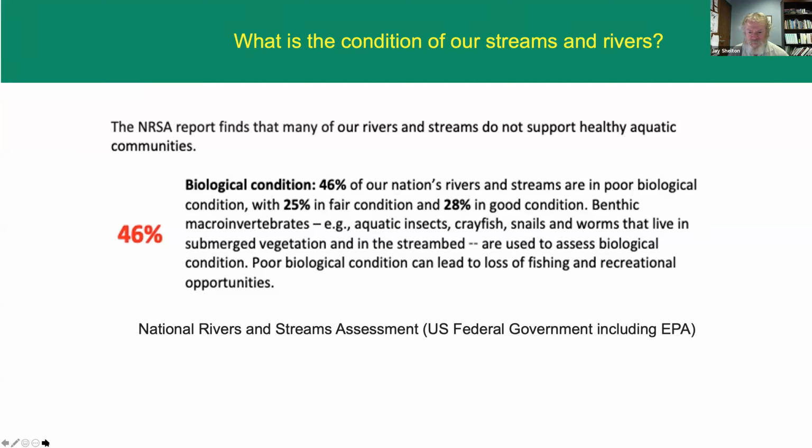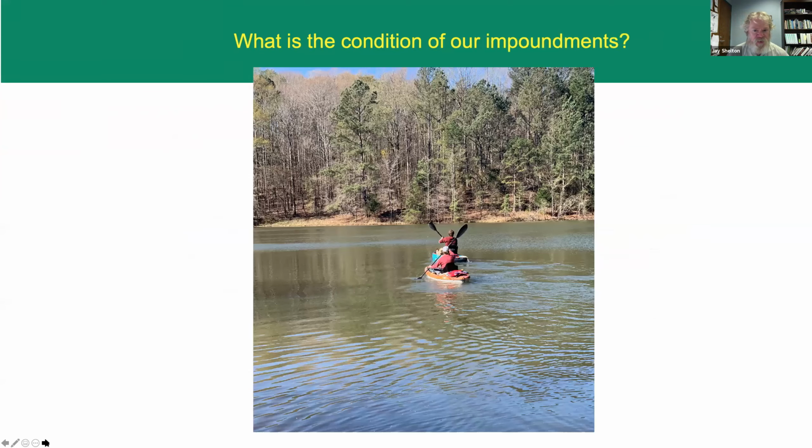Well, it of course is a cause for concern nationally with respect to these resources that provide us with so many important ecological services. Here it mentions things like loss of fishing and loss of recreational opportunities, but we must recognize that the waters of the United States provide us a tremendous amount of other ecological services, including industrial use, including drinking water, including irrigation, and many other uses.